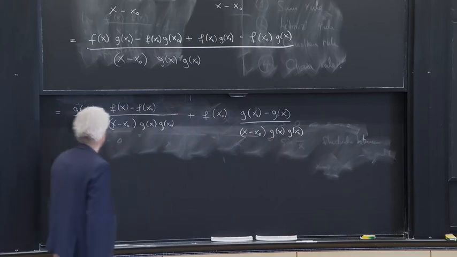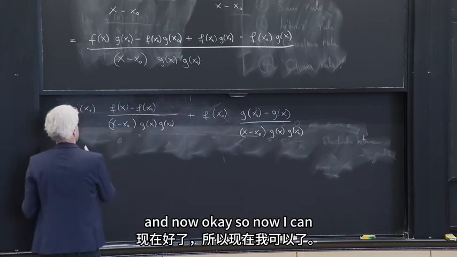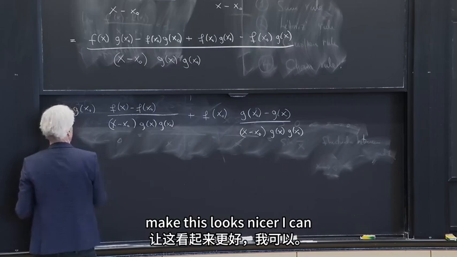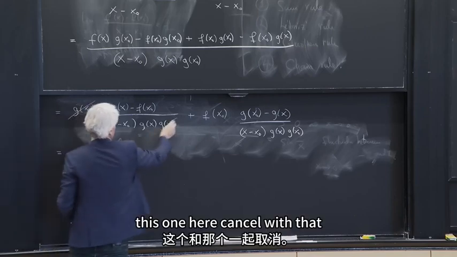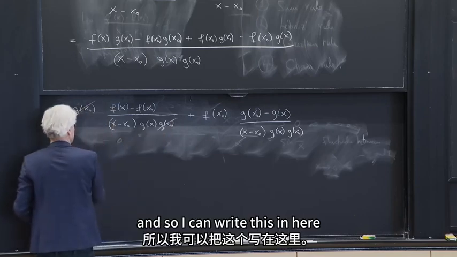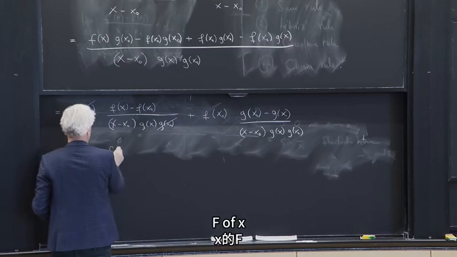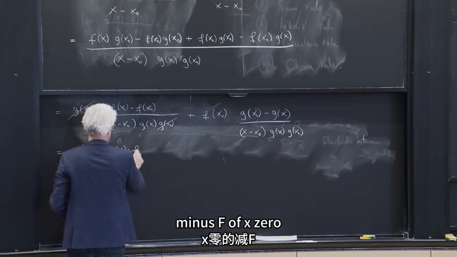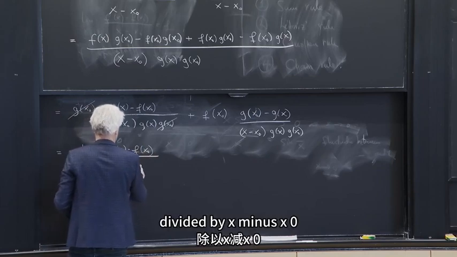Right? And now I can make this look nicer. This one here cancels with that. And so I can write this thing here as 1 over g of x, f of x minus f of x0 divided by x minus x0.